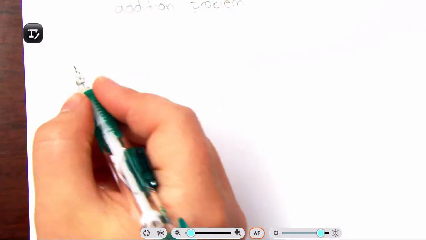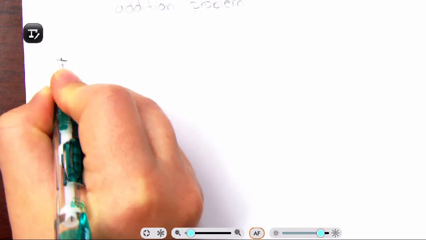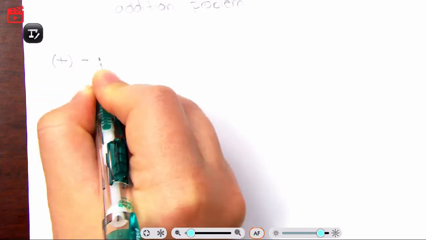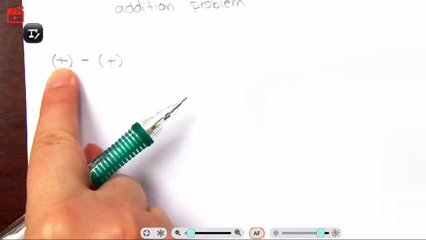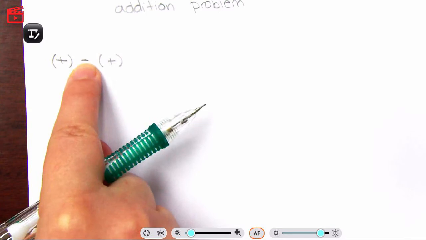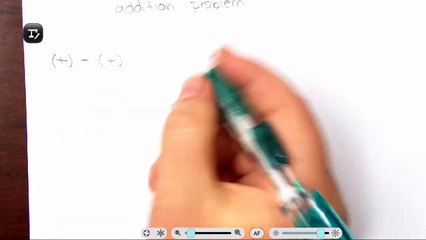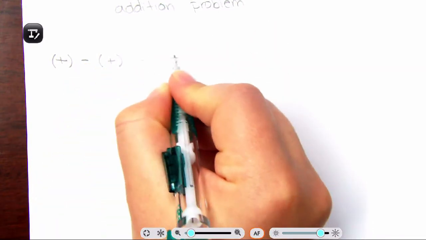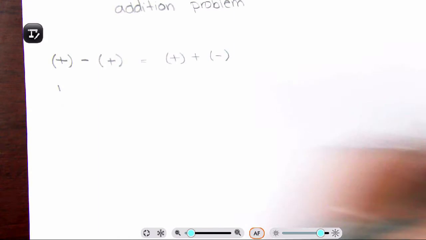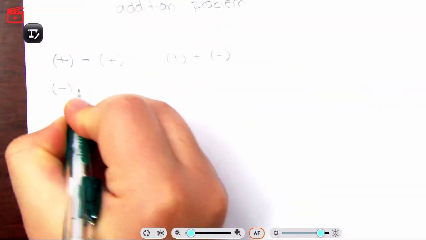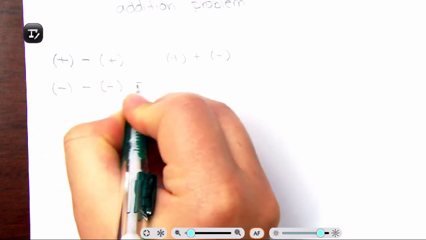Whenever you have a positive minus a positive, what you can do is you can always change the sign. I have a positive and a negative positive. So this could be rewritten as I have a positive and I have a negative.